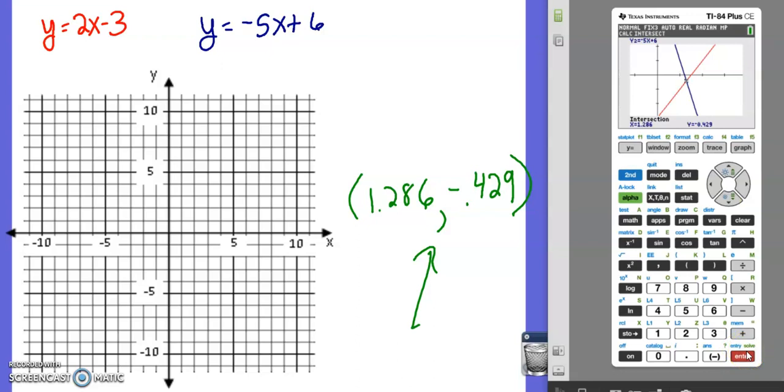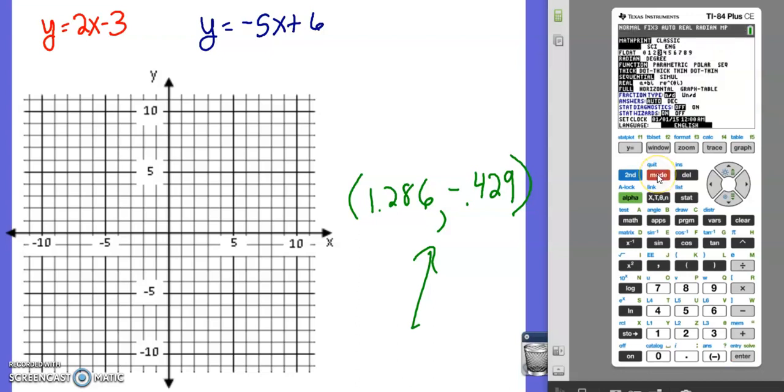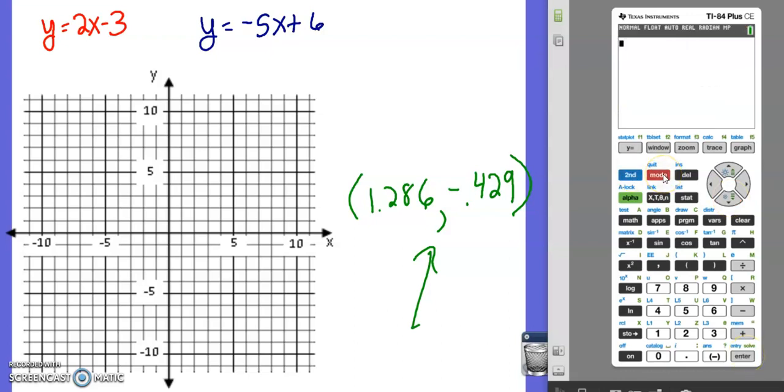So if you have a problem with rounding, you can easily go to float and then float 3, because we want 3 decimal places here. So that's how you would do that, and that's how you would solve a system of equations by graphing, even using our calculator's point of intersection to check.